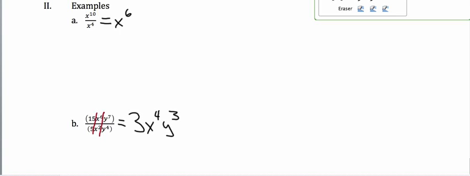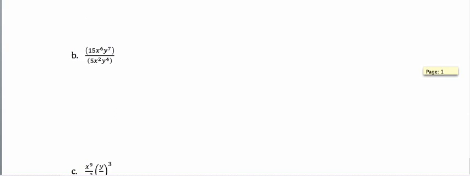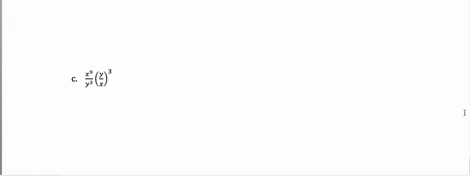One more last example. Now this one was just a little bit tricky. Not too terribly tricky, but just a little bit. Okay, so here we first need to distribute our exponent to the y and to the x. So our first fraction doesn't change at all. And then we've got y to the third over x to the third.